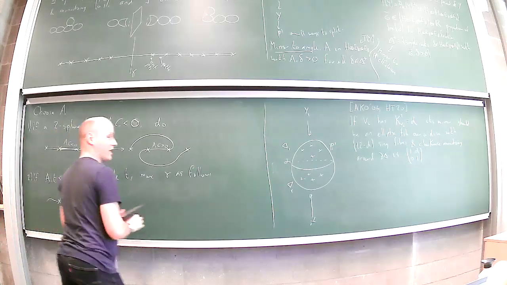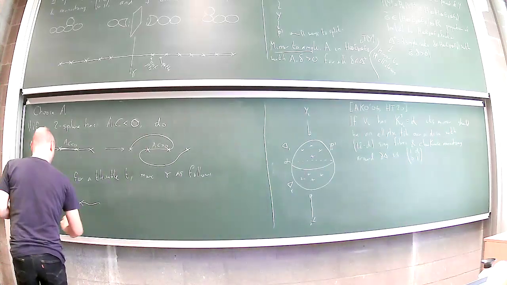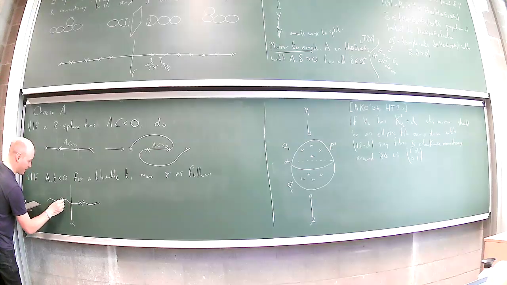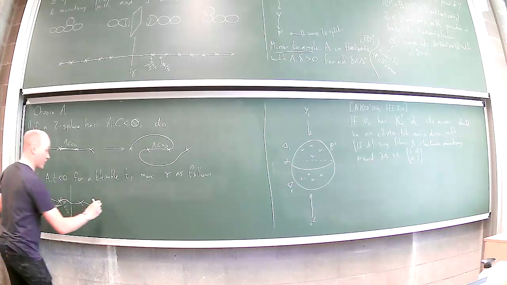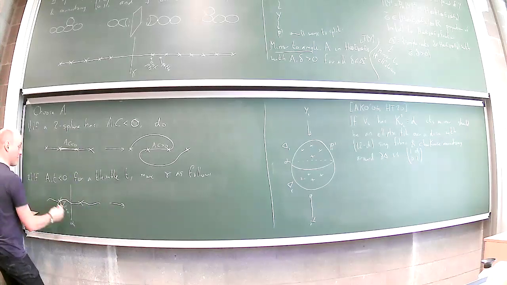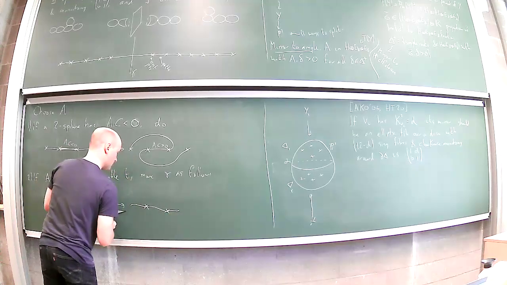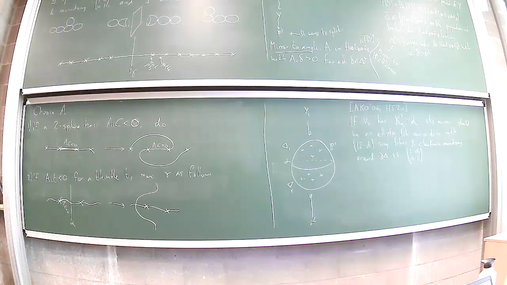Suppose this is gamma, and suppose here is the segment of path where A dot T is negative. Then I'm just going to take this gamma and move it one to the left. So now it doesn't hit that one anymore.